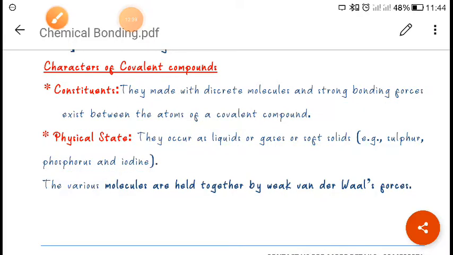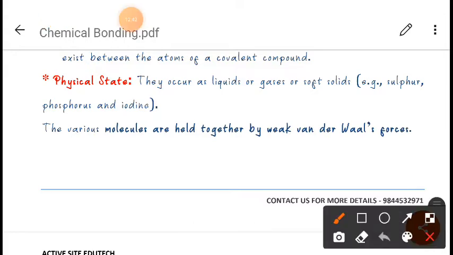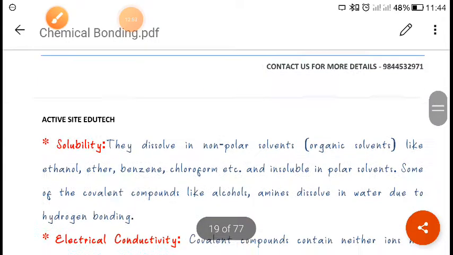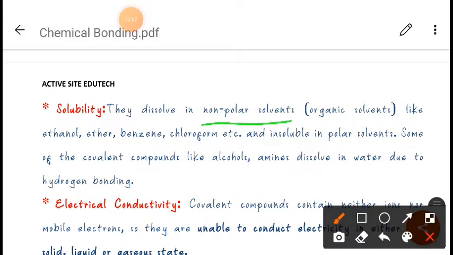And the various molecules present in that covalent compound are held together by van der Waals forces. I hope we have discussed this, right, van der Waals forces in the previous chapter. Now next property is solubility. So they are generally soluble in non-polar solvent, okay, organic solvent like ethanol, ether, benzene, chloroform, etc., and they are insoluble in polar solvent, okay.